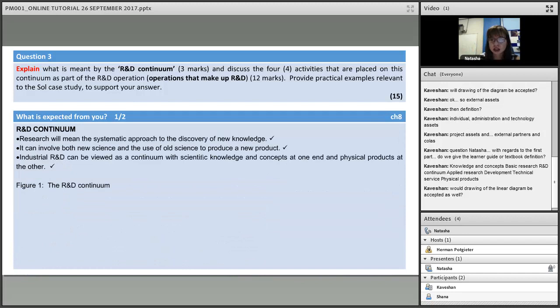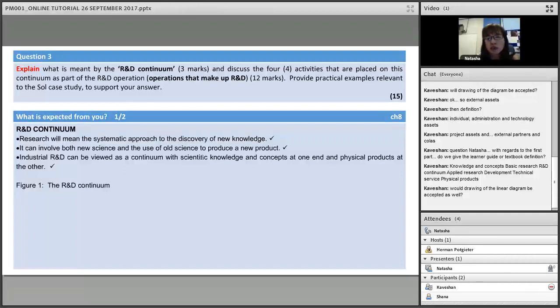Right, you say knowledge and concepts, basic research, R&D continuum, applied research, development, technical service, and physical product. Now, when you look at the R&D continuum, let's have a look at the answers.